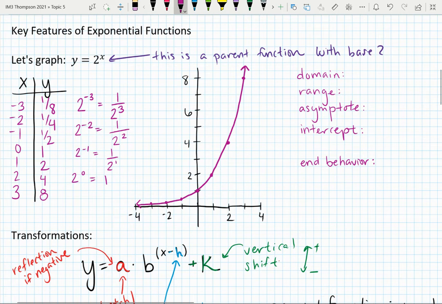One of the defining features of an exponential function is it will always get bigger faster than any polynomial function. So in this case, as x gets bigger, y is going to shoot up really, really high.